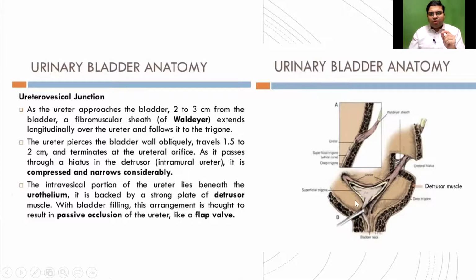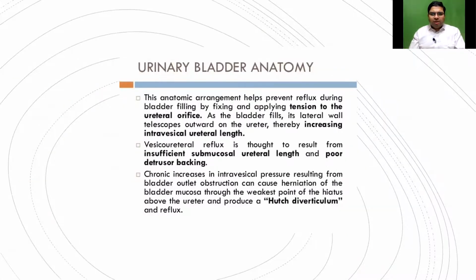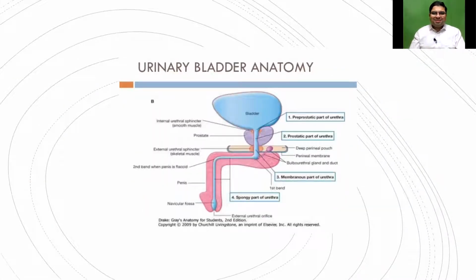There's a specific diverticulum which occurs because of weakness of the hutch of Waldeyer's fascia, and because of the interdigitating effects of the detrusor muscles at the level of the trigone. So there is a diverticulum outpouching known as the Hutch diverticulum. It can come as a short note, and it can also come as MCQ questions. So this is about bladder anatomy.